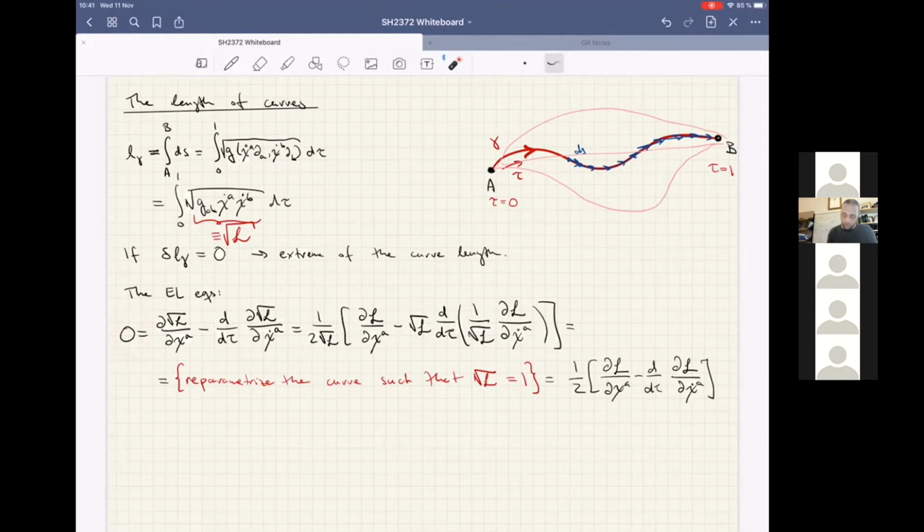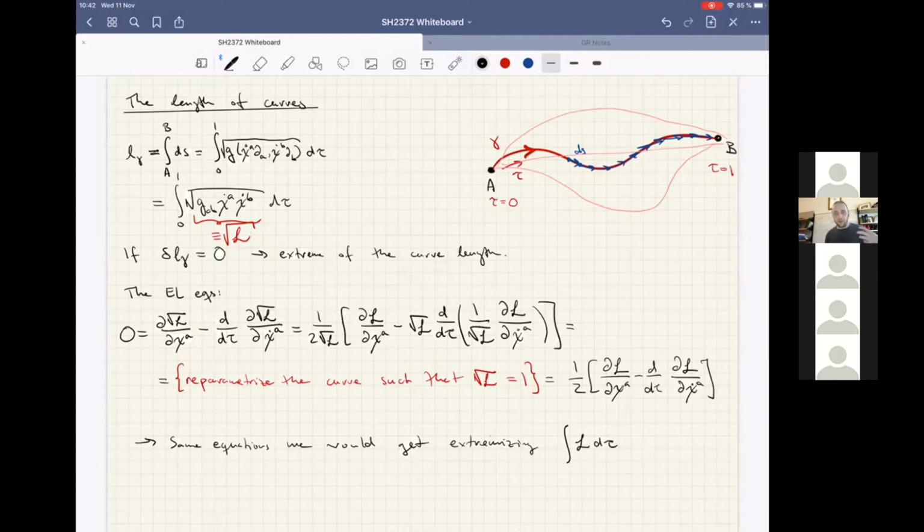And if you look at this, putting this equal to 0, that's exactly the same equations we would get if we were extremizing, instead of extremizing the path length L, we would be extremizing this thing instead.